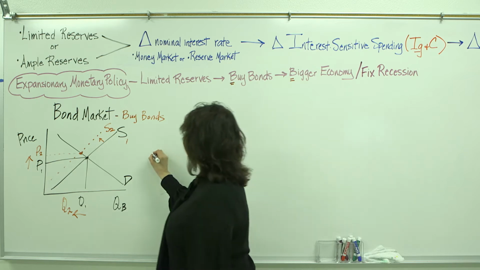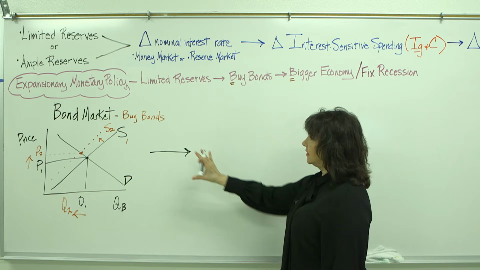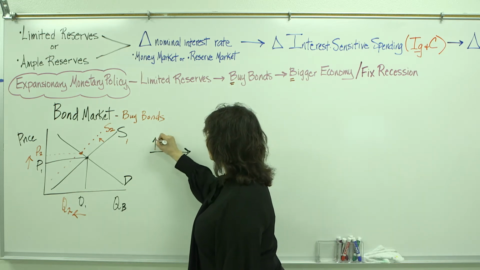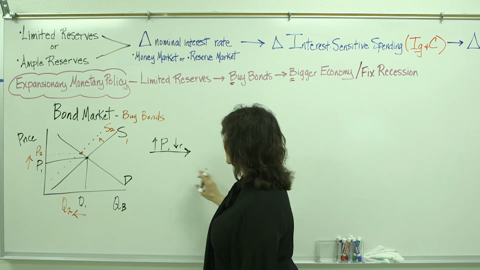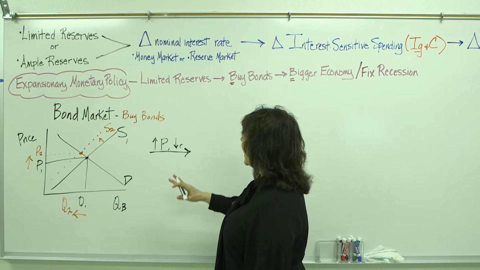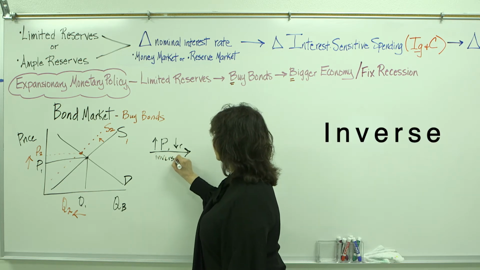This then leads us to some new information. So right here above the arrow, I am going to write, because there was an increase in the price of bonds, I'm going to see a decrease in the interest rate in this next model. So the relationship between bond prices and interest rates is inverse. Make sure you memorize that.